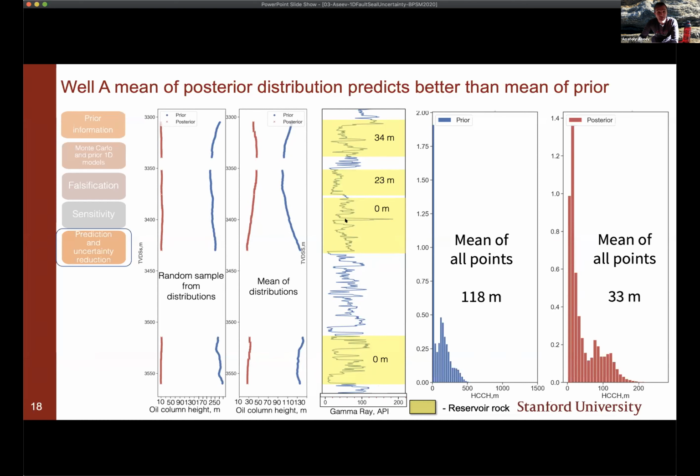But the model was unable to predict dry intervals here and there. But we can see the kind of decline and how column height prediction is going towards lower values. So it seems that we are able to predict column heights better than our initial guess using prior knowledge.